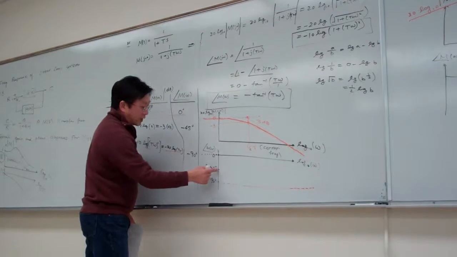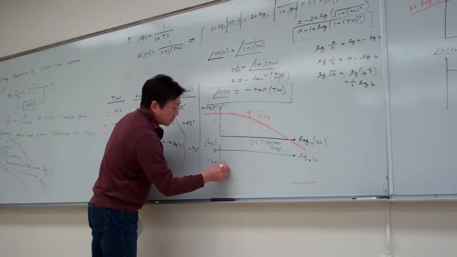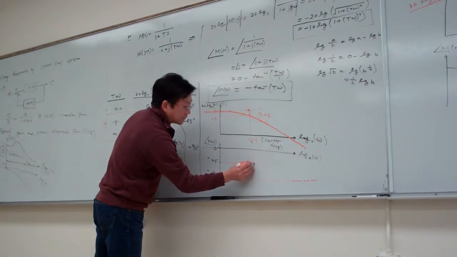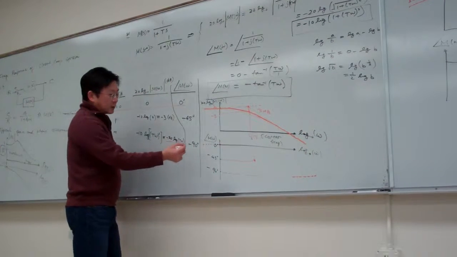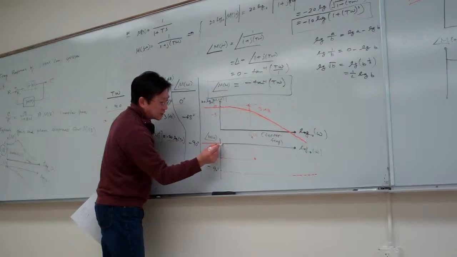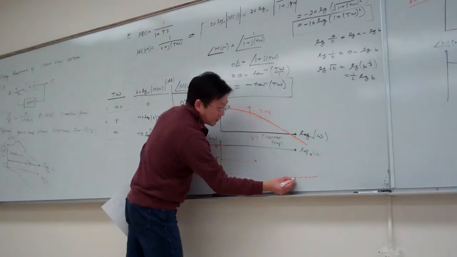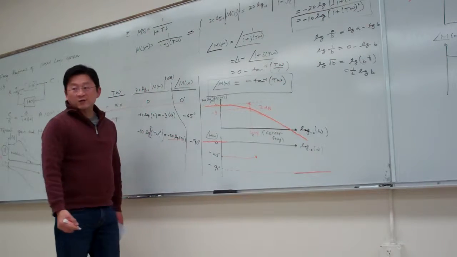Okay, and then at the corner frequency here, the angle is 45 degrees, so the curve must pass that point. So at small omega, the behavior is governed by a constant 0 degrees, and when omega becomes large, the angle is pretty much 90 degrees.